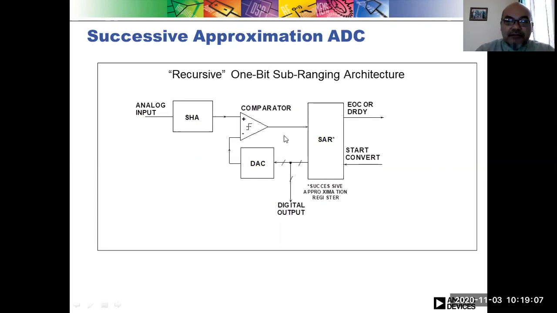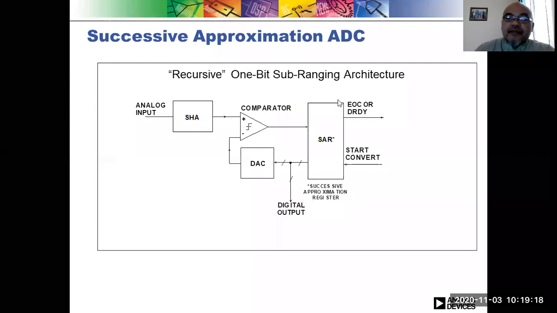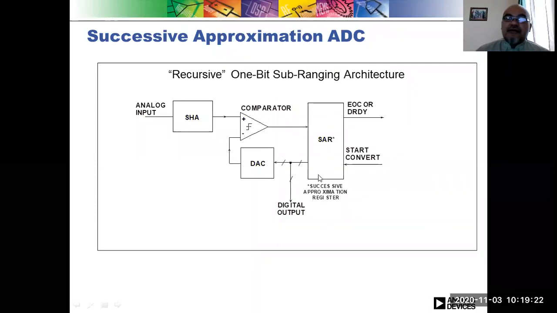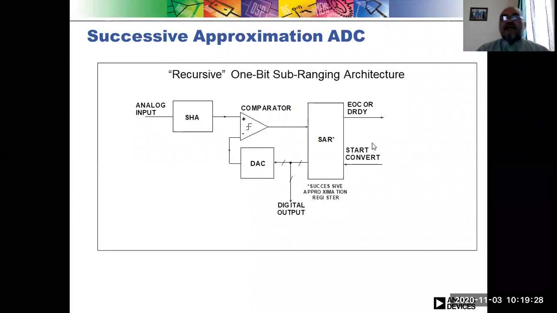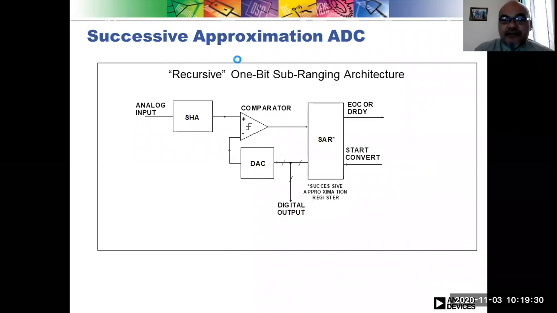Of course, it depends on the resolution of the ADC. The more bits you have, the closer it can get, so the higher the resolution of the conversion. The final approximated digital bit becomes the digital output going out here. That's why it's called a recursive one-bit subranging architecture.